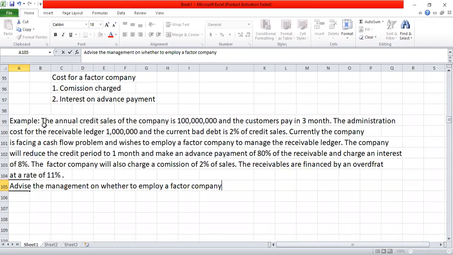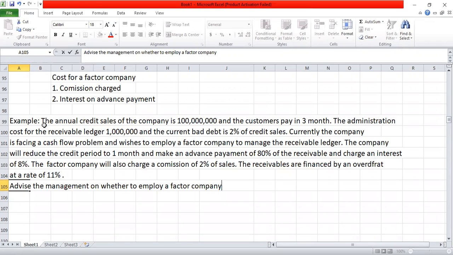Let's look at this example. The annual credit sales of the company is 100 million and the customers pay in 3 months. The administration cost for the receivable ledger is 1 million and the current bad debt is 2% of credit sales. Currently, the company is facing a cash flow problem and wishes to employ a factor company to manage the receivable ledger.